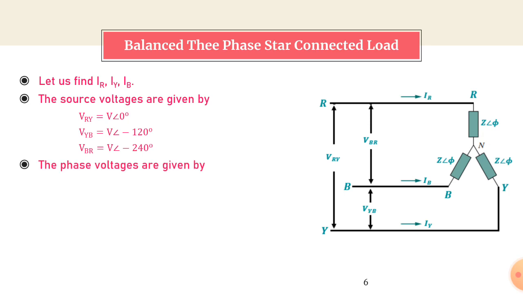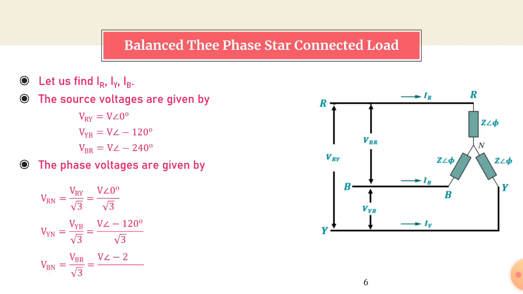Hence from this we need to find the phase voltage. We already derived VL equal to root 3 V phase. Therefore V phase will be equal to VL by root 3. All three phase voltages can be written like this. Now what is IR? After finding the phase voltage, just divide the voltage by its respective impedance. This is how we can find the line currents and phase currents. Both are the same in this case.